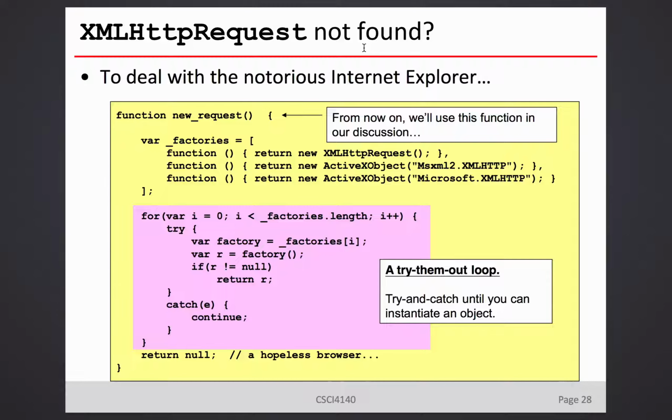So you will try every entry. In case that you have an exception, that means that you cannot create an object, continue. In case you have another exception, continue. If all three trials die, then you will quit the loop and return null, and this is a hopeless browser.